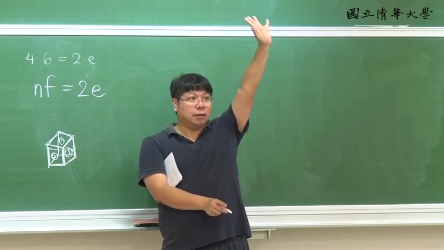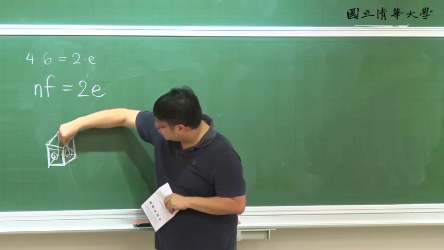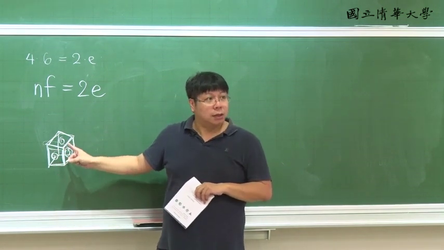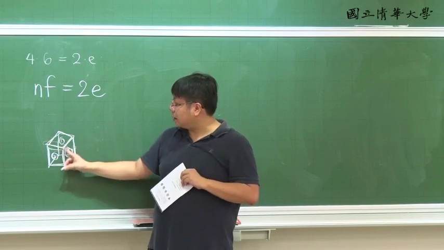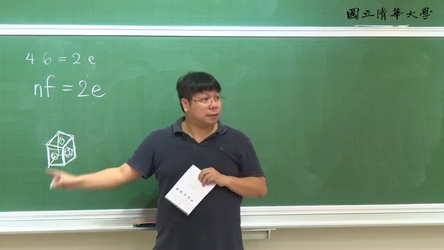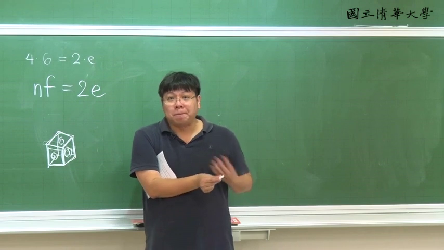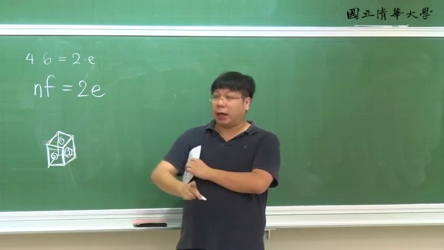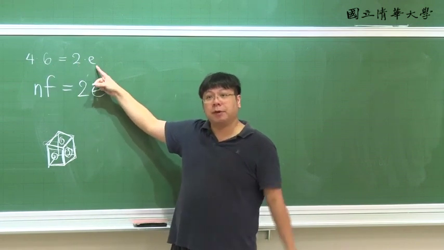Okay. Very good. But now, if you look at each particular edge, let's focus on this edge. It is used twice: once in counting this face, and the other time counting this face. Is that okay? Each edge is counted twice. So it is like the handshaking theorem. So 4 times 6 must be equal to 2 times the number of edges here.